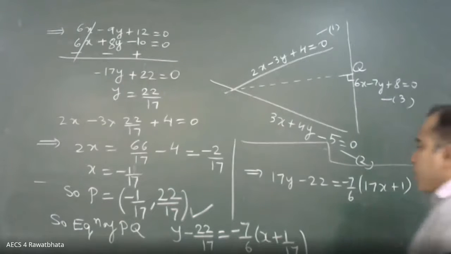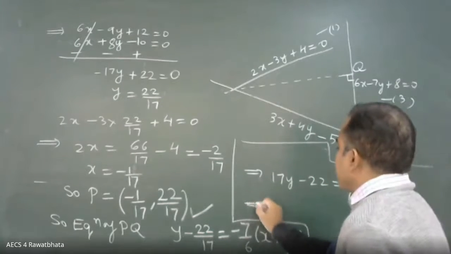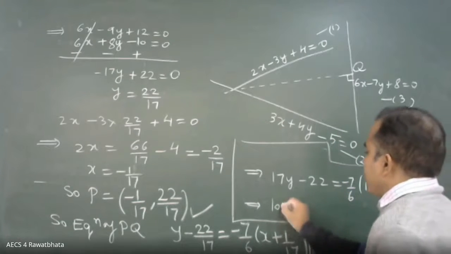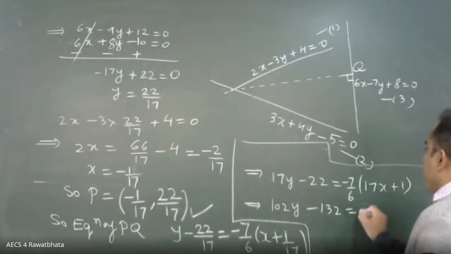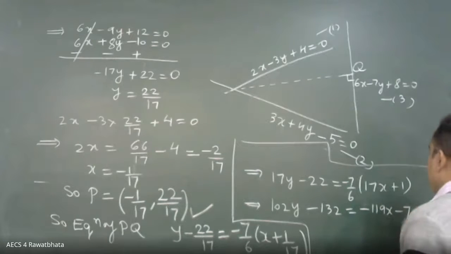I think I have to multiply with 6 also. Cross multiply. 17 sixes, how much? 102. Y minus 22 into 6, 132, equal to minus 7 into 17x plus 1, which is 119x minus 7.